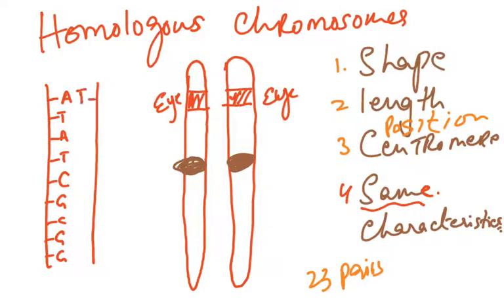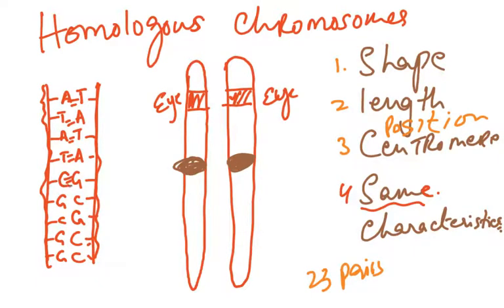So there would be a T here, an A here, and a G here, and a C here, and of course the phosphodiester bond. And this is the sugar phosphate backbone, and there's a sugar phosphate backbone on this side. And in between these are the hydrogen bonds. There are 2 between A and T, and 3 between C and G. So this is what we remember from the AS level.